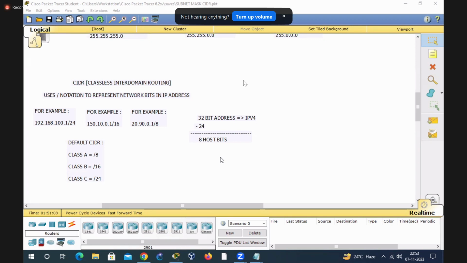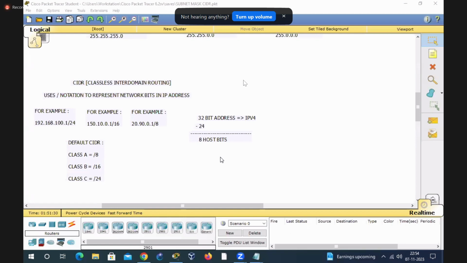For class B, range is 128 to 191: 128.0.0.0 to 172.15.255.255, and 172.32.0.0 to 191.255.255.255.